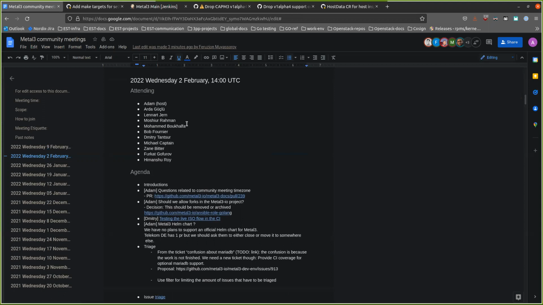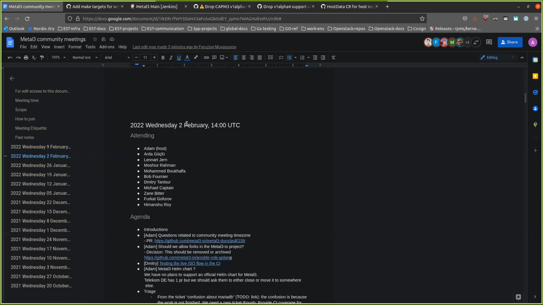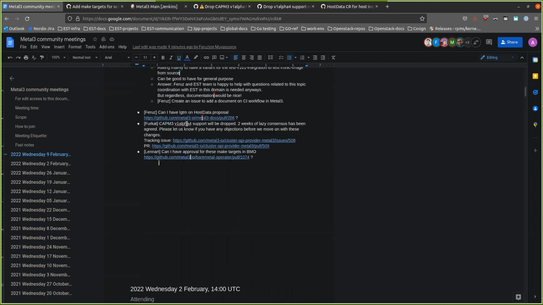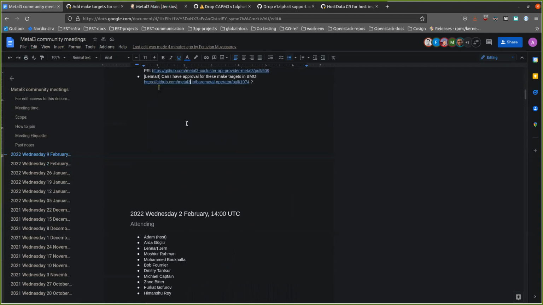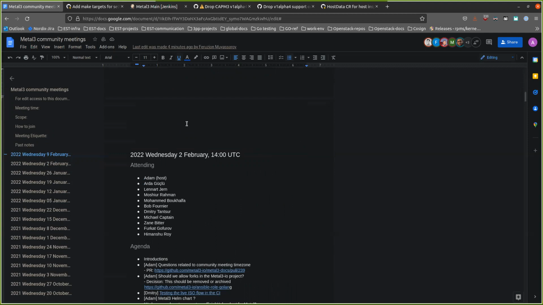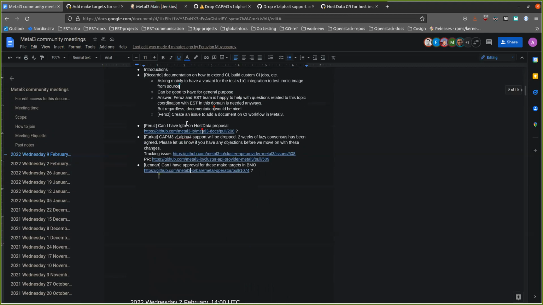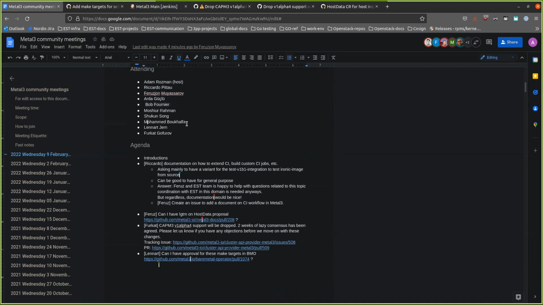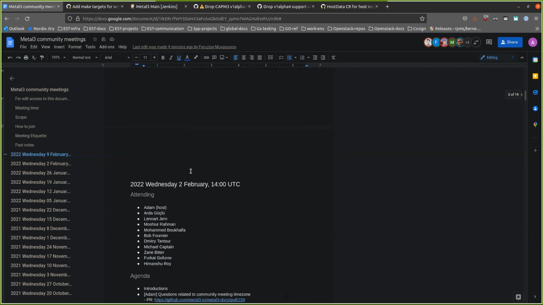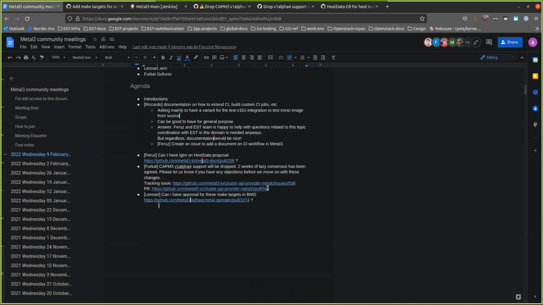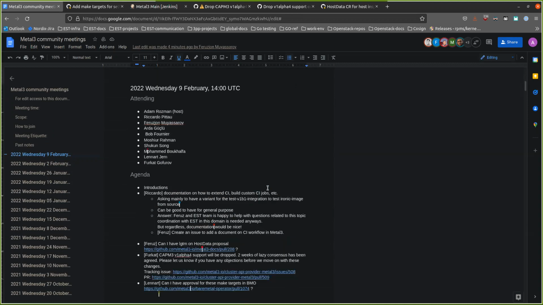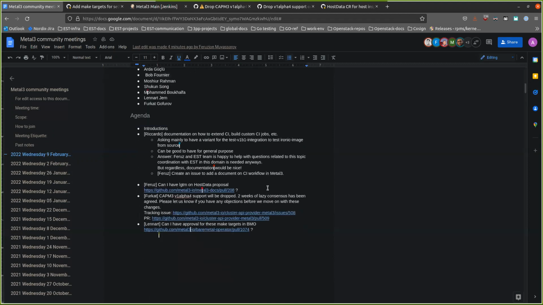There were pros and cons about that, but we ended up merging the 14 UTC and selected UTC 1400 as the final meeting time. I know that for local times, for some people this will fall after work hours, and for some people it's suboptimal. Dimitri mentioned it. For me too, and I think the EST team.